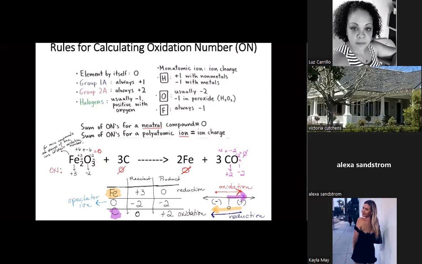Then the carbon in the reactant is the one that undergoes oxidation. It will be incorrect to say that carbon in carbon monoxide is what's undergoing oxidation. Oxidation always happens at the level of the reactants.